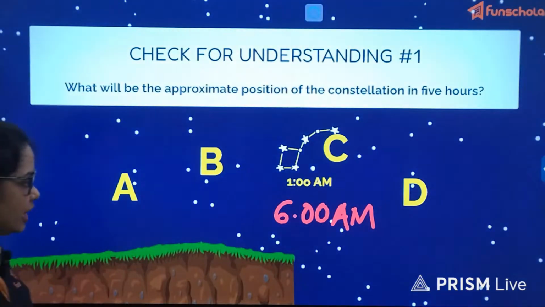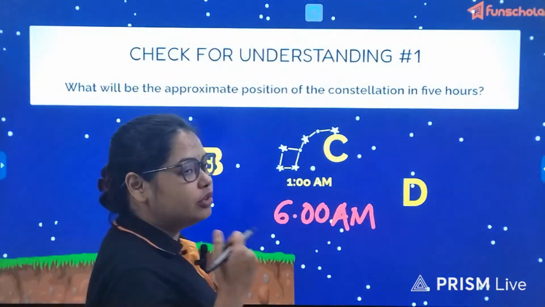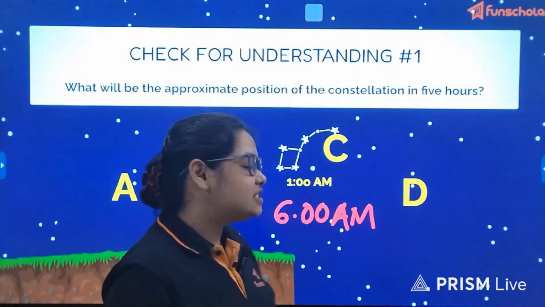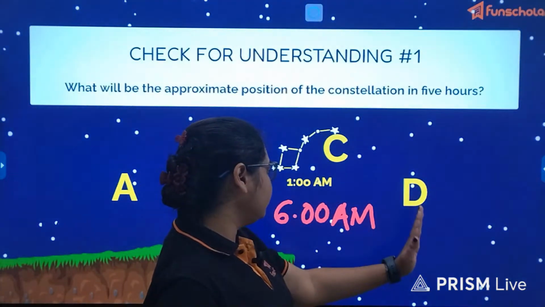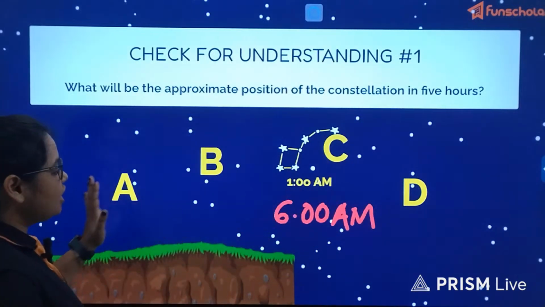We already know that the stars appear from Earth's point of view. The stars will appear from the east and will move towards the west.